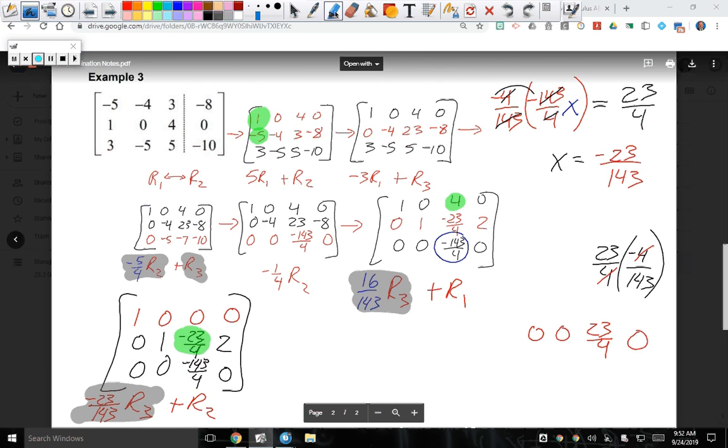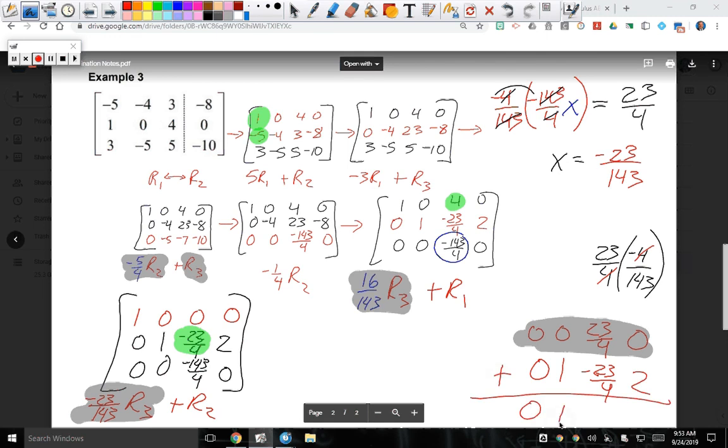So this right here is what negative 23 over 143 multiplied with row 3 looks like. And we're going to add it with row 2. Adding all that, we get 0, 1, 0, 2. So my new row 2 is 0, 1, 0, 2. And everything else stayed the same.